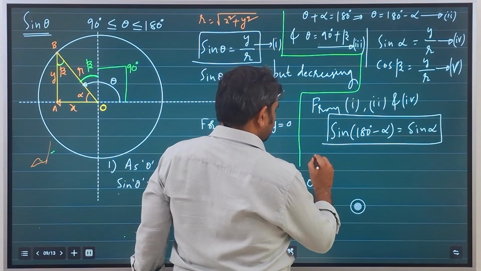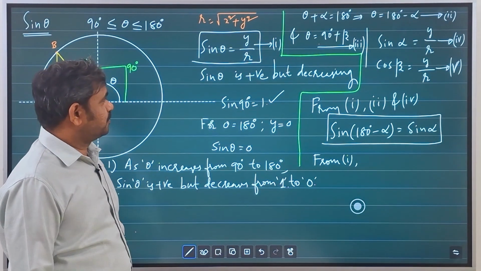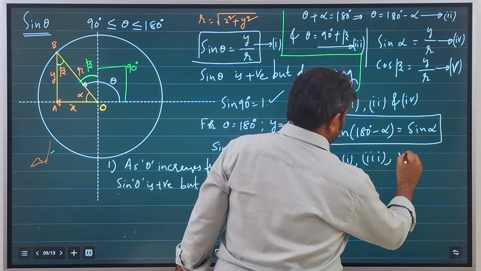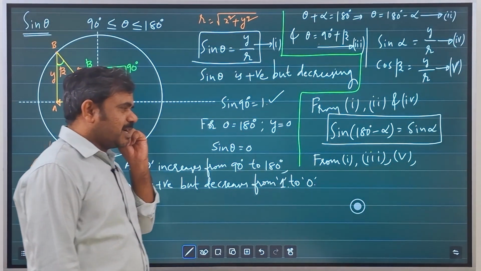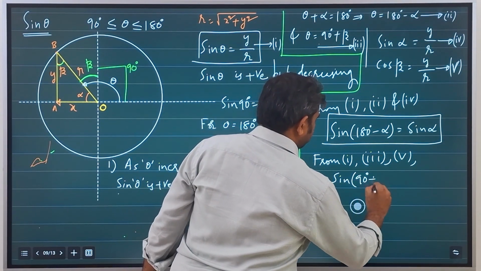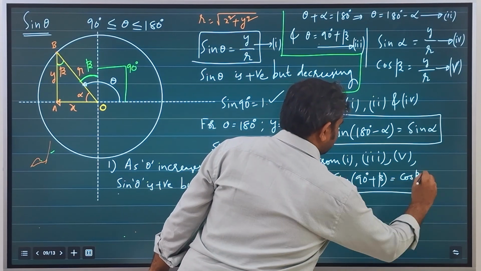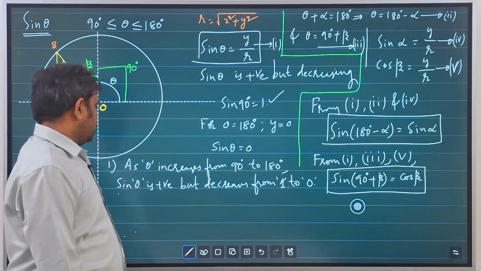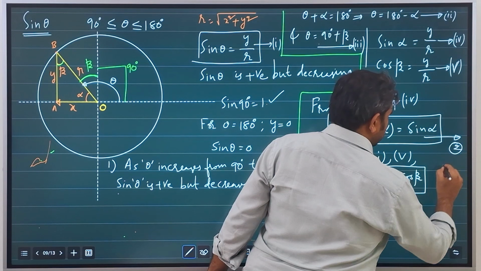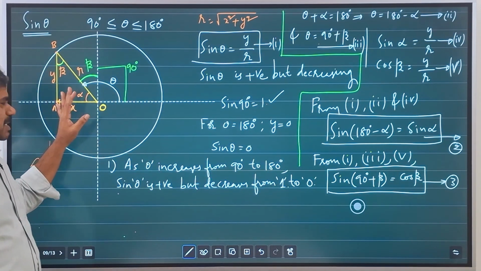It means, from the first equation, third equation and fifth equation, we can write sin 90 degrees plus beta is equal to cos beta. Okay, so these are the two other identities in trigonometry. These are the two equations that we write in the second quadrant.